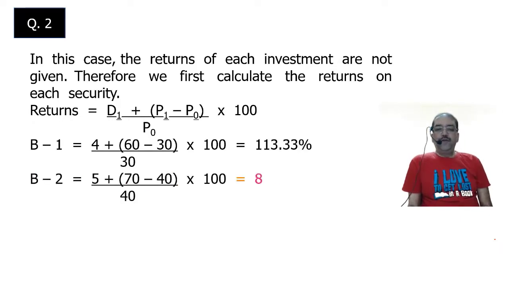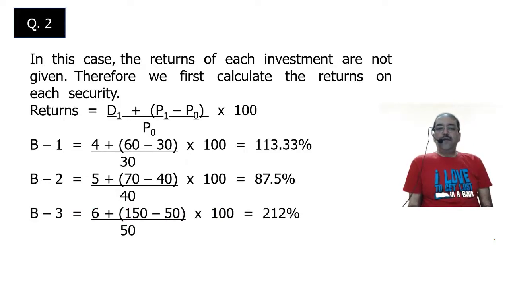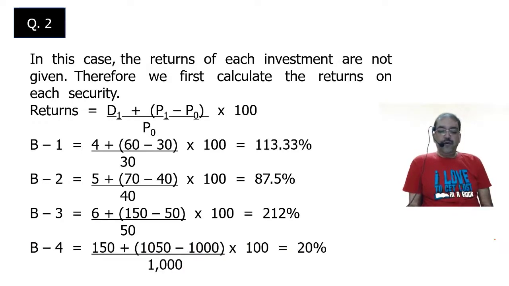For B2, it is 5 plus 70 minus 40, divided by 40. For a percentage, multiply by 100. That comes to 87.5%. For B3, it is 6 plus 150 minus 50 upon original investment of 50 into 100, that is 212%. And for B4, it is 150 plus 1050 minus 1000 upon original investment of 1000 into 100, that is 20%.